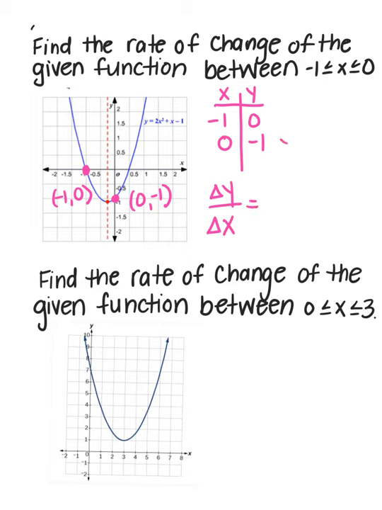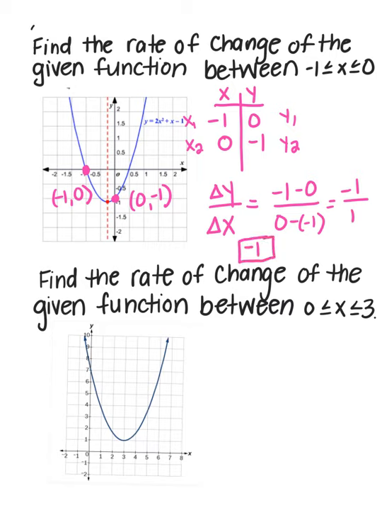So y2 minus y1: -1 minus 0, divided by x2 minus x1, which is 0 minus -1. So we have -1 divided by +1, so my rate of change is -1. And again, if I were to choose any other interval, that rate of change may not be the same because it is a quadratic function.